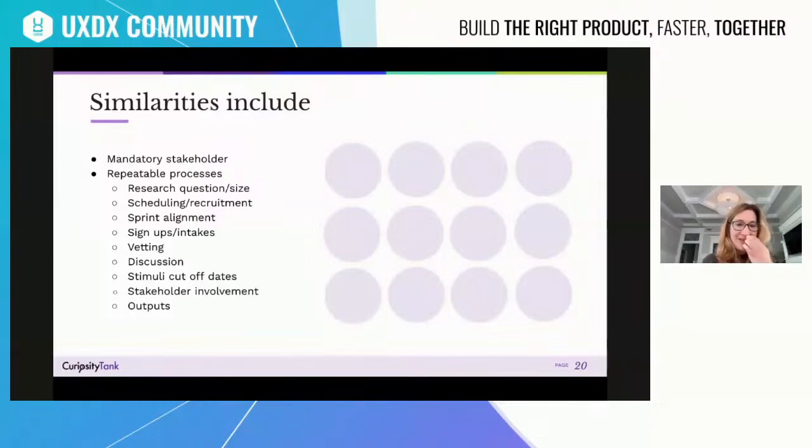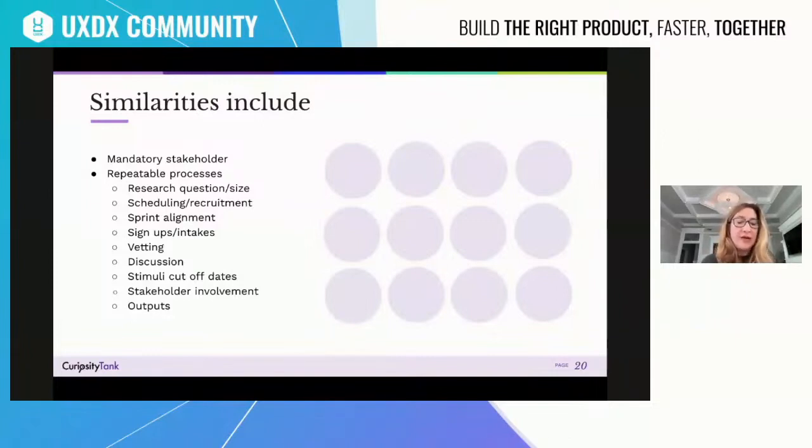These repeatable processes typically include the research question or size, the scheduling and the recruitment, alignment with a sprint, how someone signs up or gets into the queue, how it's vetted, what's discussed. There are typically very stringent cutoff dates to get the stimuli into the rolling research program.